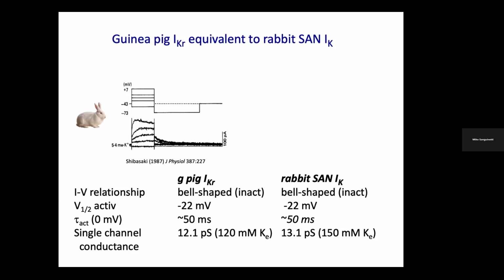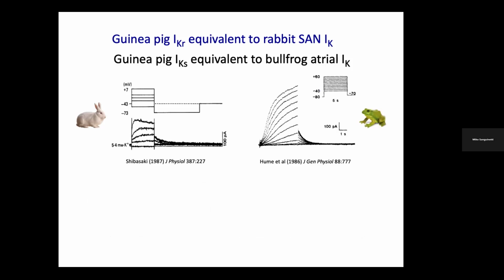The slight difference here is because this was recorded in higher extracellular potassium than we used. But at any rate, IKR was basically the rabbit delayed rectifier. And this really slow current you see in frog looked very much like IKS from guinea pig.